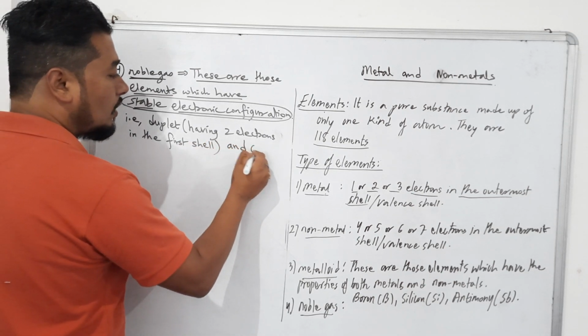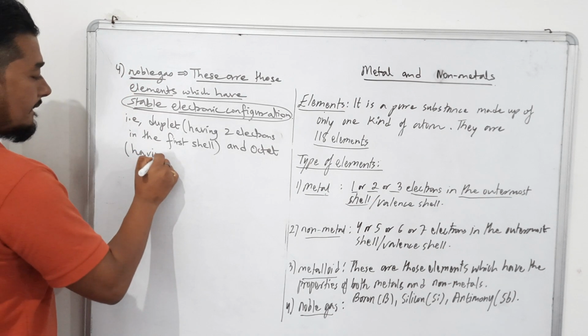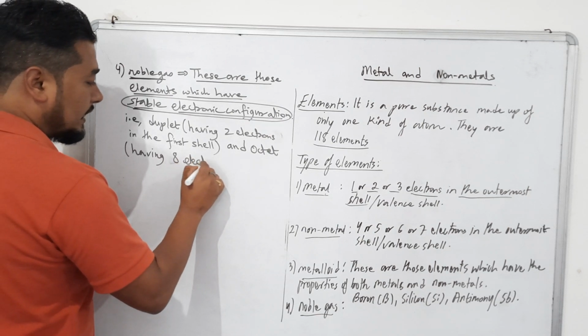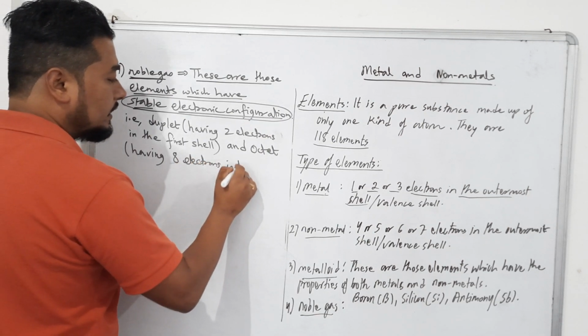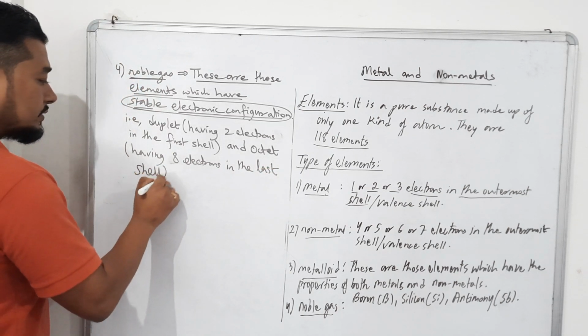And octet means having 8 electrons in the last shell. Okay, students.